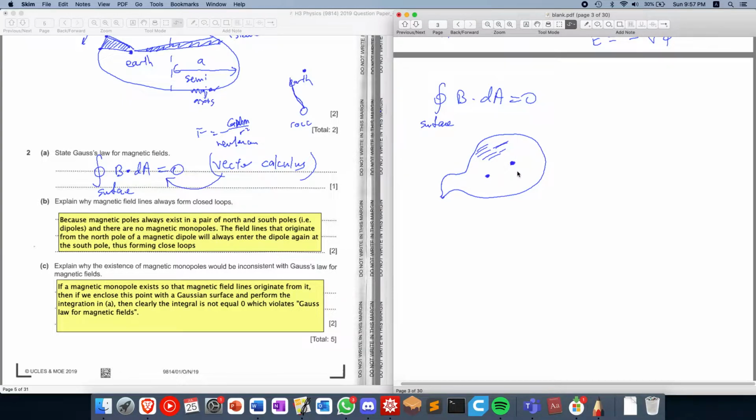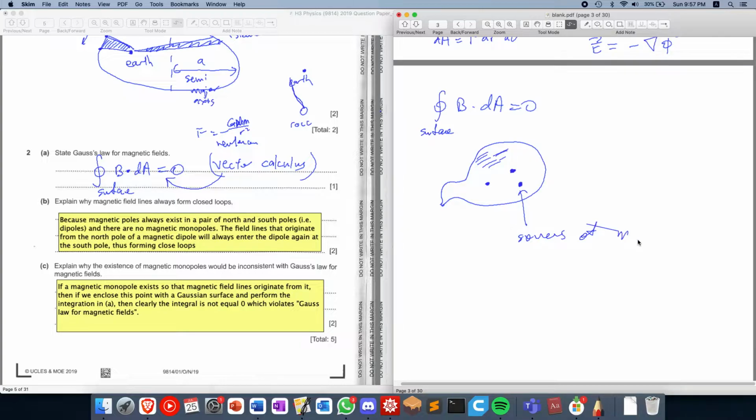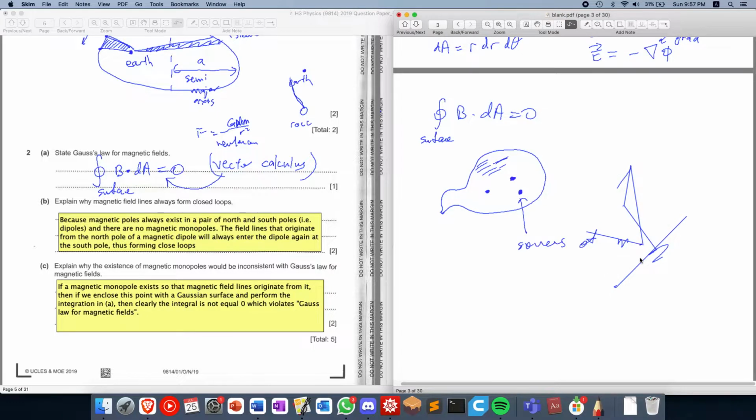You put a magnetic pole or whatever, these are sources of magnetic fields. Oh crap, the problem comes again. So we put in sources of magnetic fields.